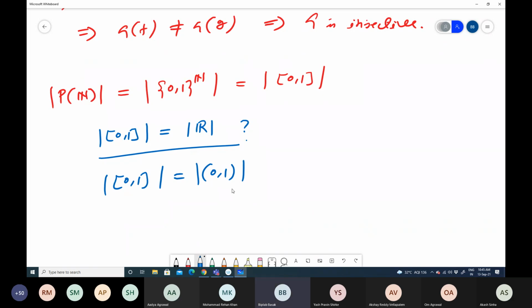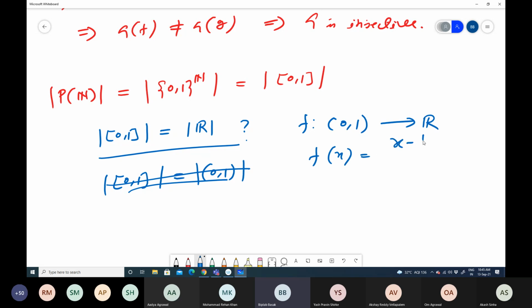Right, but in other ways also you can do it. First of all, you can find the function. Say this is R. You can define a bijective function f from this to this by defining f of x equal to x minus half by x into x minus 1. Okay, so this is bijective, because at the half point it is 0, and near 0 it goes to infinity or minus infinity, and near 1.